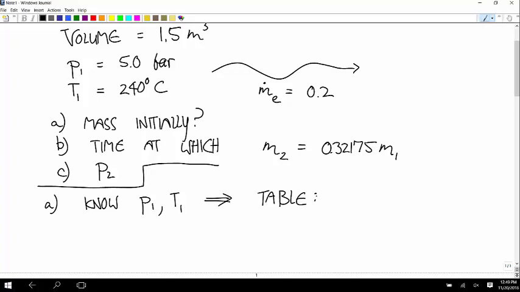And the table gives you that the specific volume at instant 1 is 0.4646 cubic meters per kilogram. And you know the total volume. So volume 1 is equal to M1 times specific volume 1.